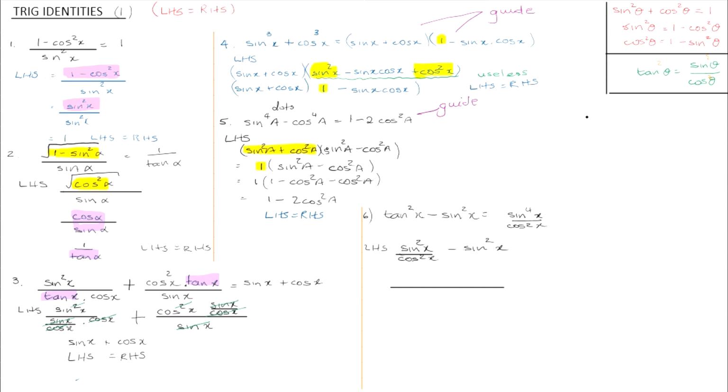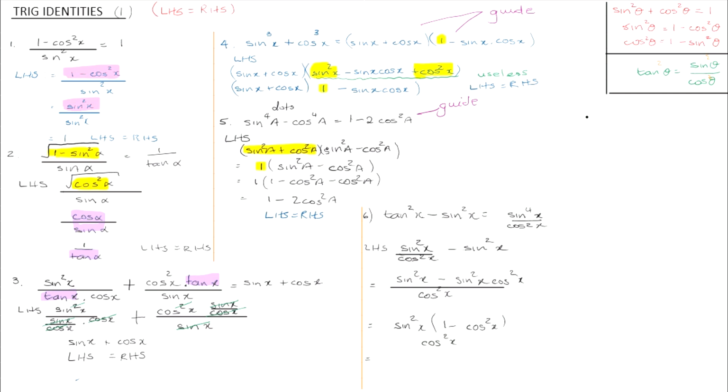Right, I'm going to get an LCD here of cos squared x, which leaves me with sine squared x minus sine squared x cos squared x. I now see that I can take out a common factor of sine squared x, which leaves me with 1 minus cos squared x, still on cos squared x.